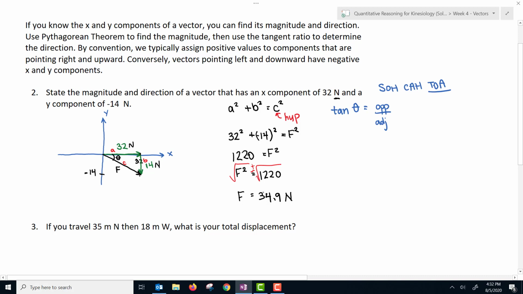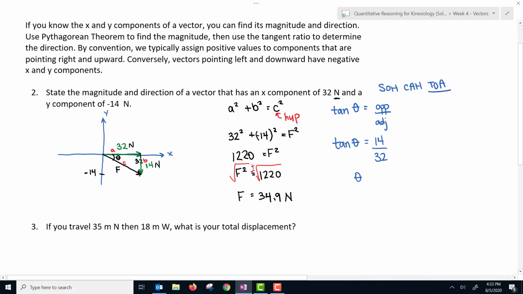So I'd rather use tan so that my answer is more precise. So I'm going to fill in the numbers I know. Tan of my angle that I'm looking for is equal to the opposite side. Again, I'm just going to use positive 14 over the adjacent side, 32.